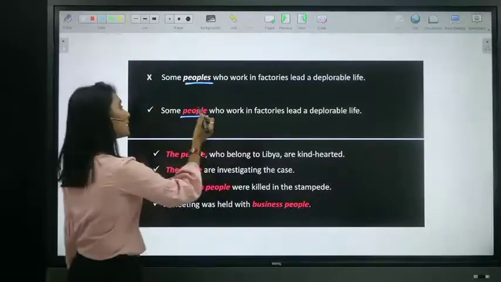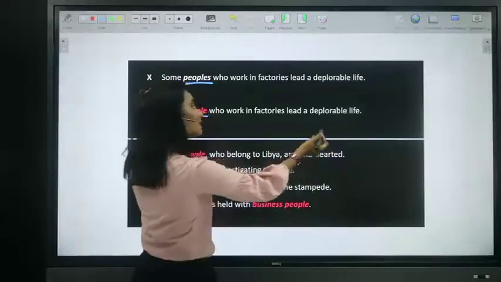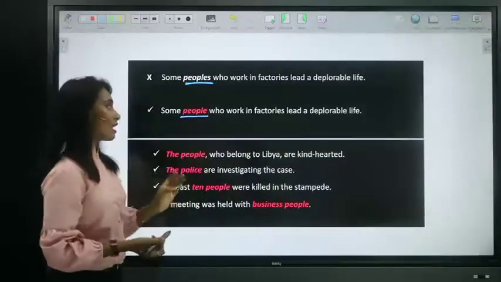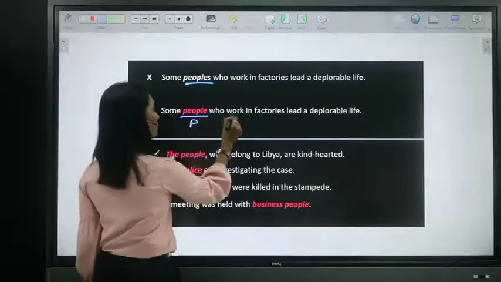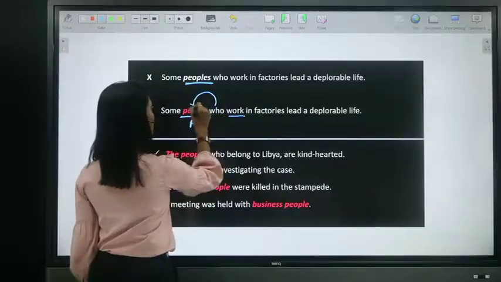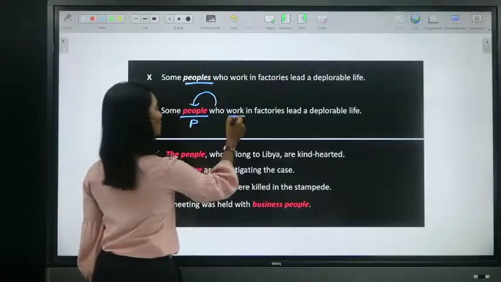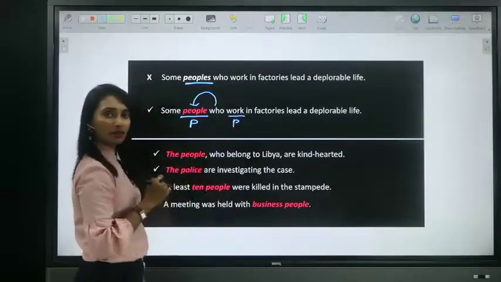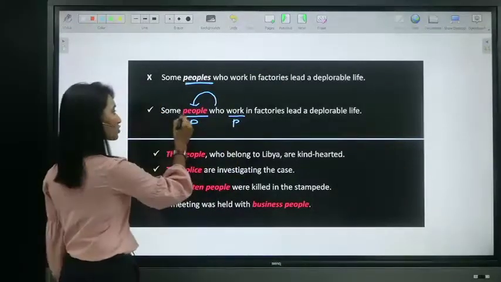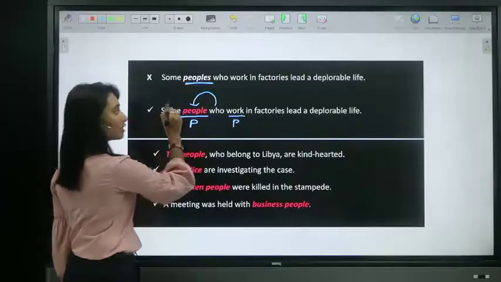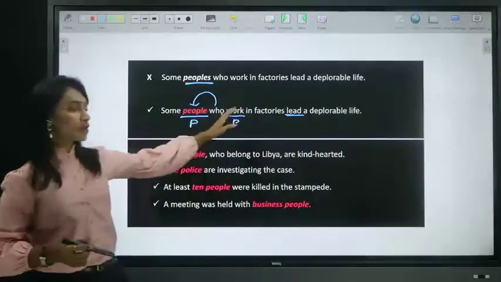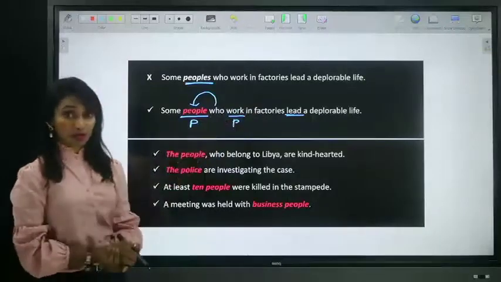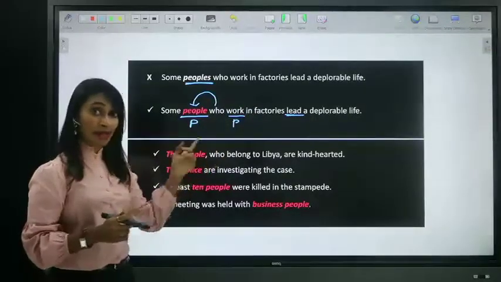So some people who work in factories lead a deplorable life. Here people is plural. So here who is the relative pronoun? The subject of the relative pronoun is a plural noun, so we took the plural verb work, and the actual subject is plural, so here is our actual verb lead. Some people who work in factories lead a deplorable life. See, here also we're applying that rule.